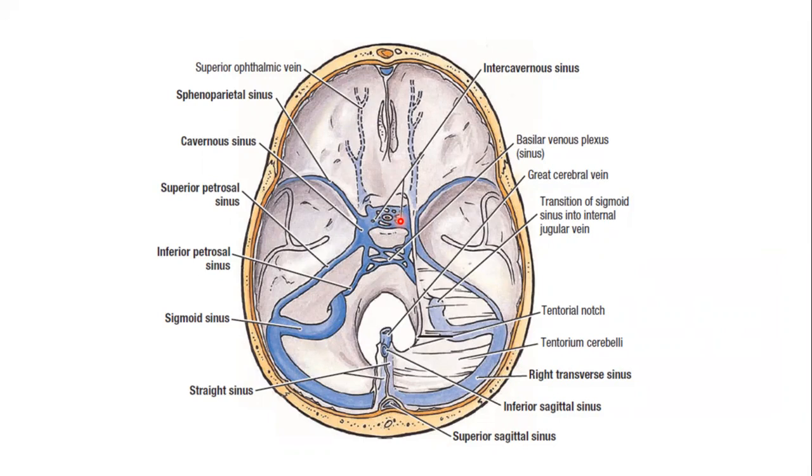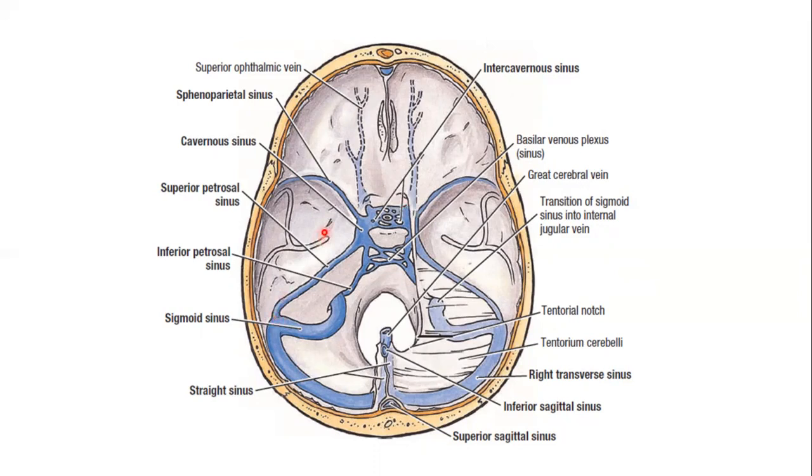That is our superior petrosal sinus. You could see this is the superior petrosal sinus. I will give you a brief description of each. It starts from the cavernous sinus, going down into the junction where the sigmoid sinus and the transverse sinus are.